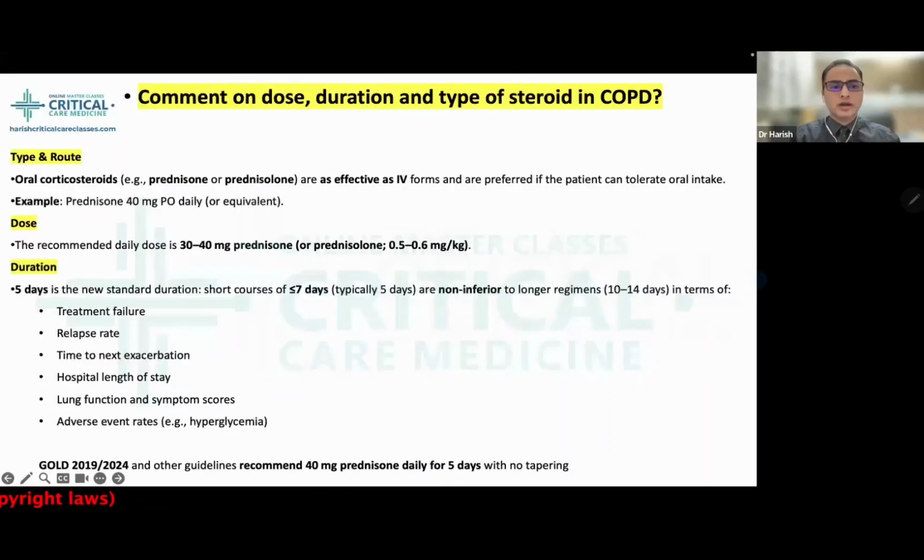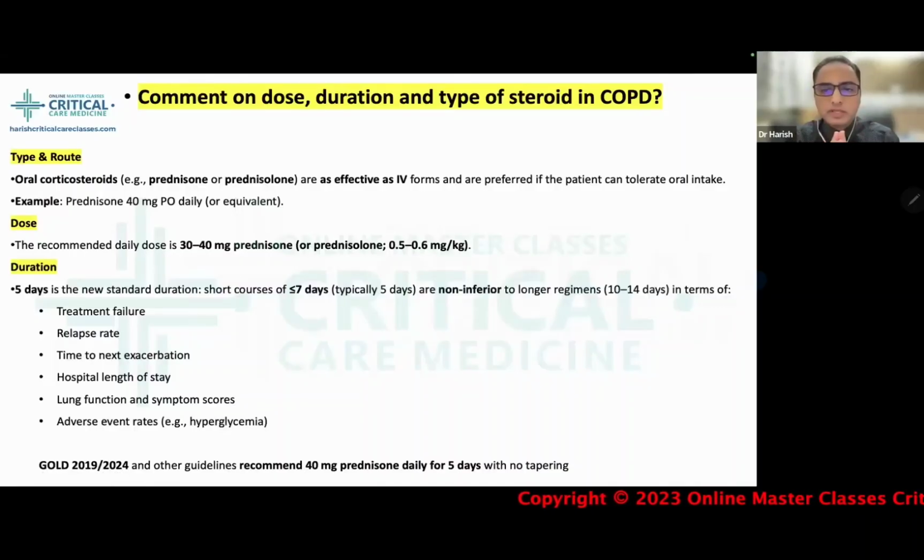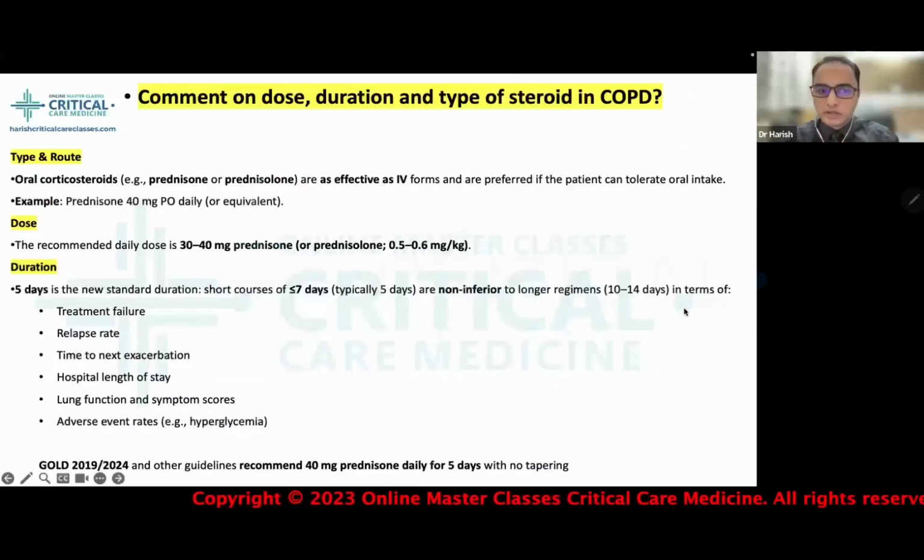The daily recommended dose of prednisone is 30 to 40 milligram, or per kg, that is 0.5 to 0.6 milligram per kg. Duration: lots of data is available. 5 days is the new standard duration. A short course, that is less than or equal to 7 days, typically 5 days, is non-inferior to a prolonged duration regimen, that is 10 to 14 days.